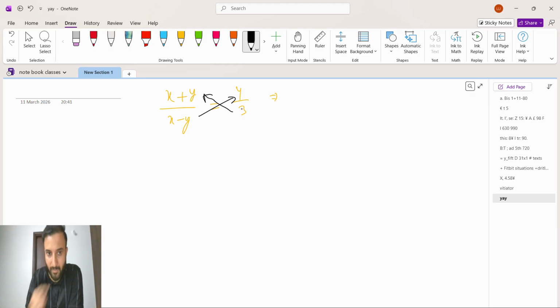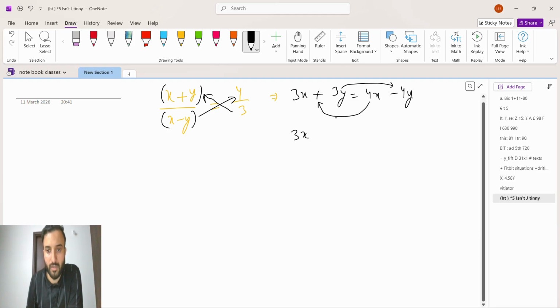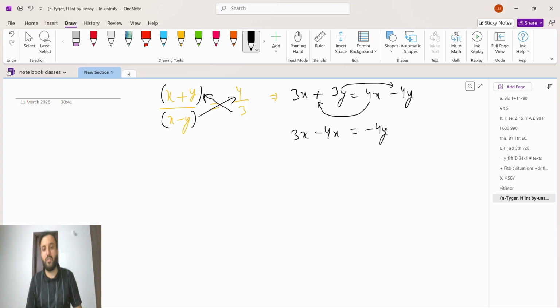So multiply, see, the cross multiplication: 3x plus 3y equals 4x minus 4y. I will bring the x to one side and send the y to the other side. So this is 3x and this is plus 4x. When plus 4x goes to that side, it becomes minus 4x, equals minus 4y, and this is plus 3y. When plus 3y goes to that side, it becomes minus 3y.